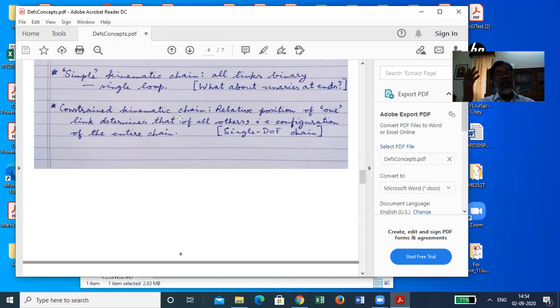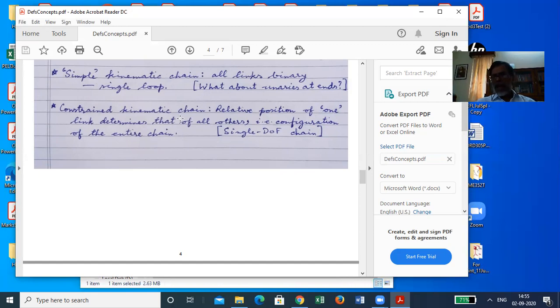You did not have that kind of control systems either. Controllers were also very basic and primitive. Anyway, this is what old textbooks define as a constrained kinematic chain.